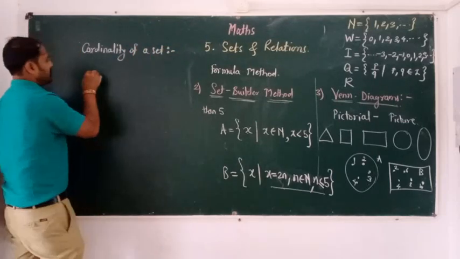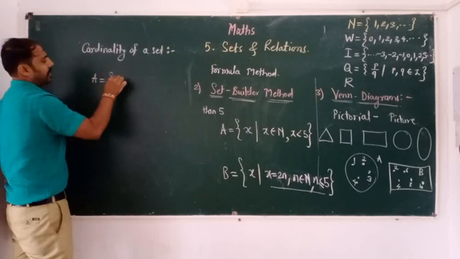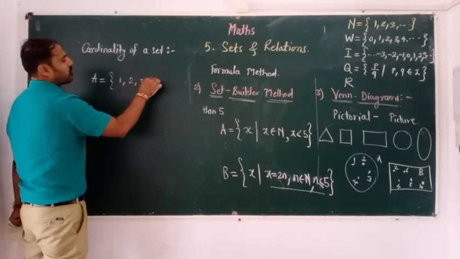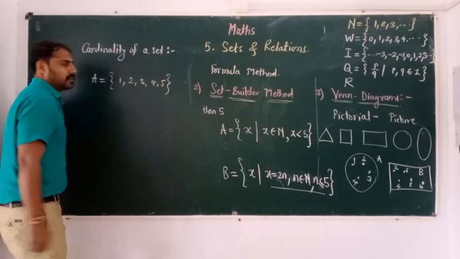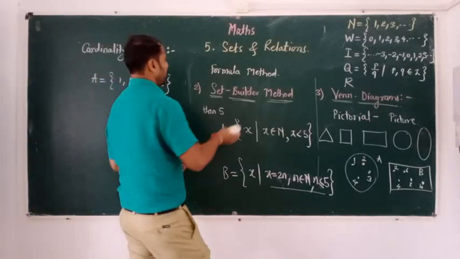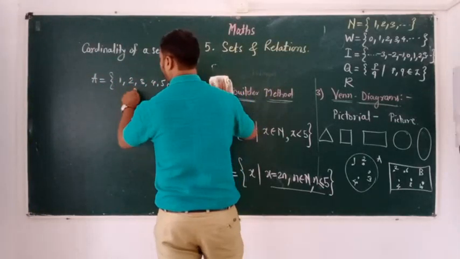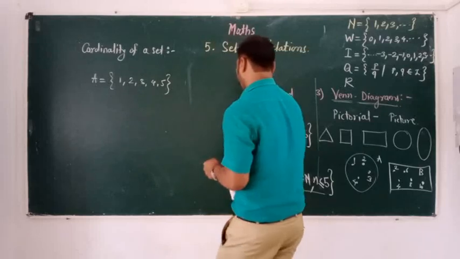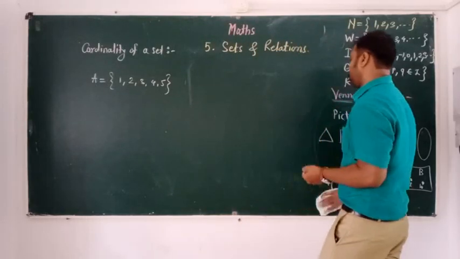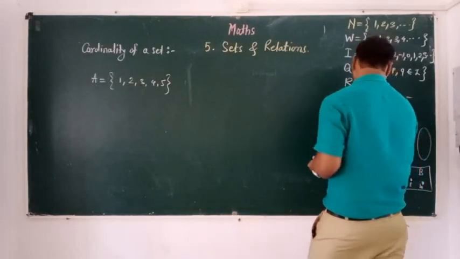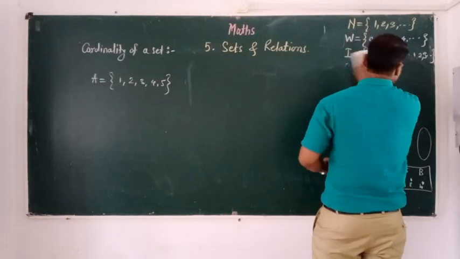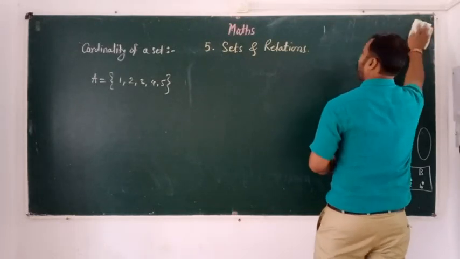For example, here is a set like this: 1, 2, 3, 4, 5. How many elements are in A? 1, 2, 3, 4, 5. There are 5 elements. So the number of elements in A is 5.